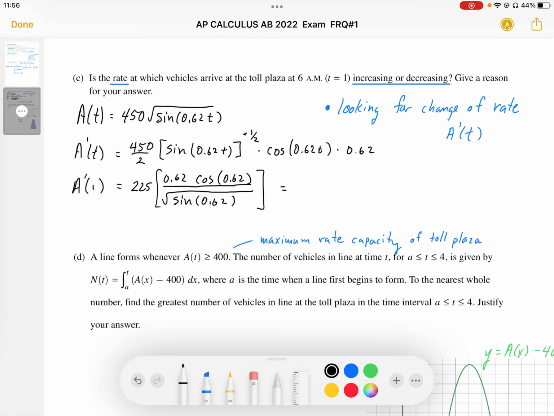I need to then plug this into my graphing calculator. I'm going to end up with 225 times 0.62 cosine of 0.62, divided by the square root of sine of 0.62.